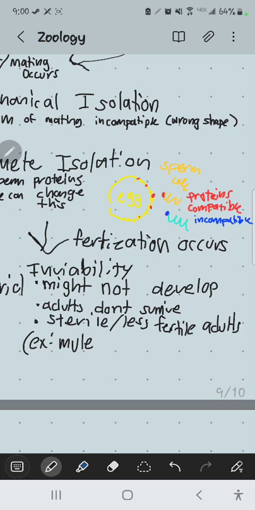And the sperm cell of the donkey, sperm, right? And it has a 1n number of 31.